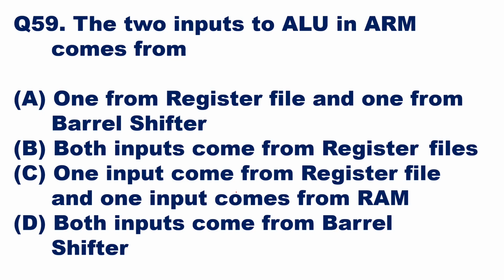Now, if you remember about the ALU in ARM, actually the two inputs come from the register file, but one input will go directly to the ALU and one input is processed through a barrel shifter and then goes to the ALU. So if you speak specifically, then option A will be the right answer. One will come from the register file and one will go through the barrel shifter to the ALU.